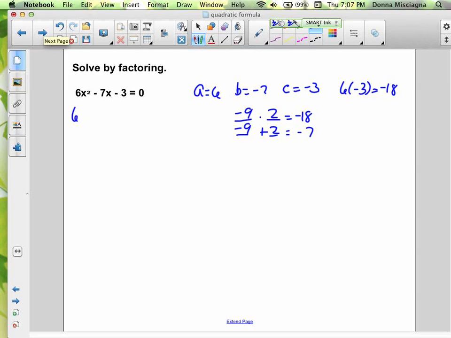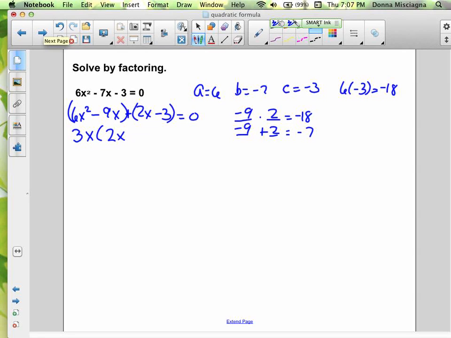So we keep the 6x squared, and we change the negative 7x into a negative 9x and a positive 2x. And we keep the negative 3. The first two are a group, and the second two are a group. Greatest common factor for 6x squared and 9x: they're both divisible by 3, and they both have an x. 6x squared divided by 3x is going to be 2x.